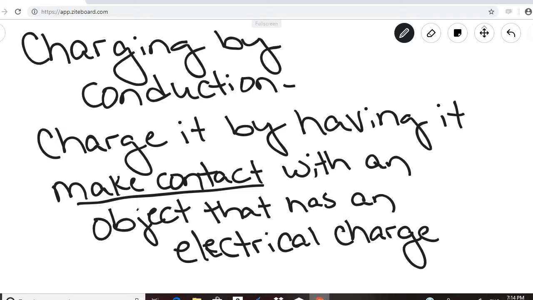If you ever touched somebody and you get an electrical shock, that is charging by conduction. So the person that you touched had an electrical charge, and when you touched that person, some of that electrical charge moved to you, and it happened by direct contact. Okay, so by touching.